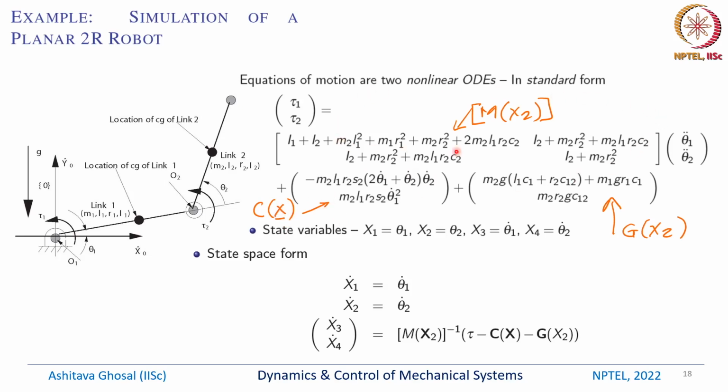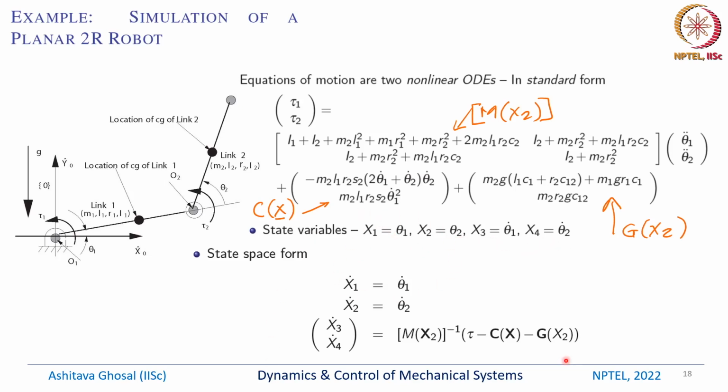The mass matrix is only a function of theta 2, which is why I have written it as M(x2). So this is a 2 by 2 matrix, which is a function of only theta 2. Remember, theta 1 was x1, theta 2 was x2, x3 was theta 1 dot, x4 was theta 2 dot. So the state variables are x1 is theta 1, x2 theta 2, x3 theta 1 dot, x4 theta 2 dot.